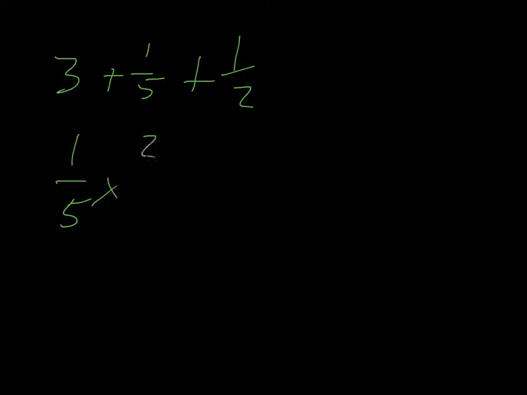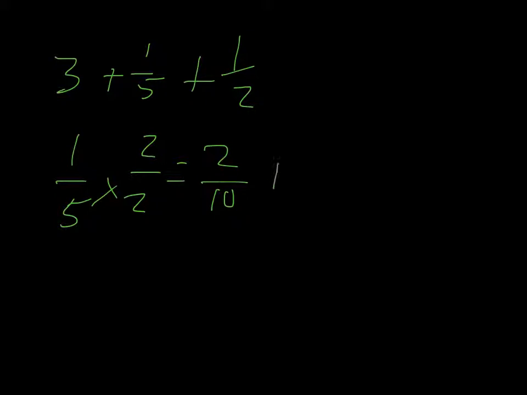So when we look at that, 3 plus 1/5 plus 1/2, we can do our common denominator, which will be 10, and multiply by 2 over 2, which is our fractional 1, to get my denominator of 10.